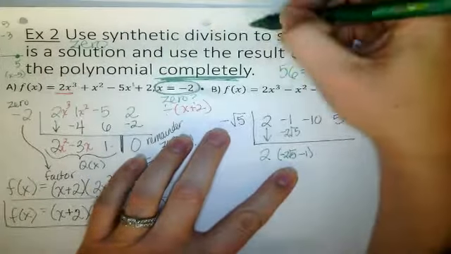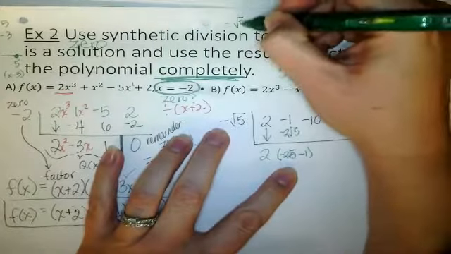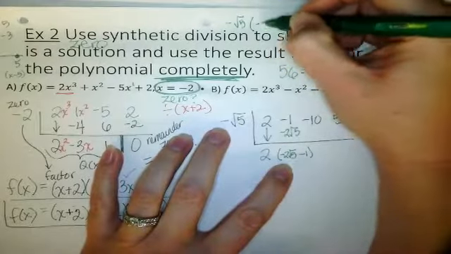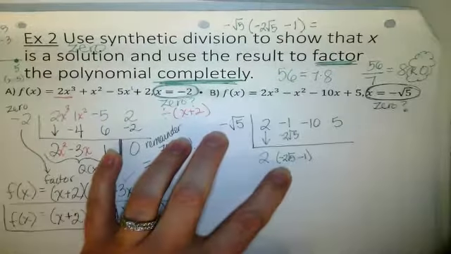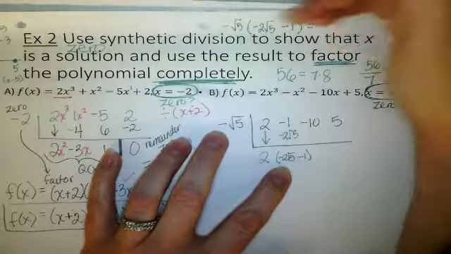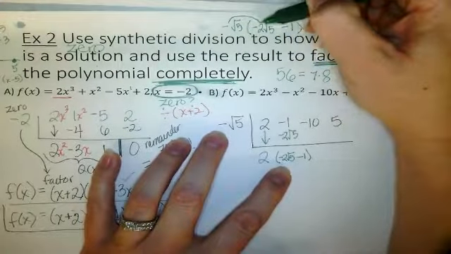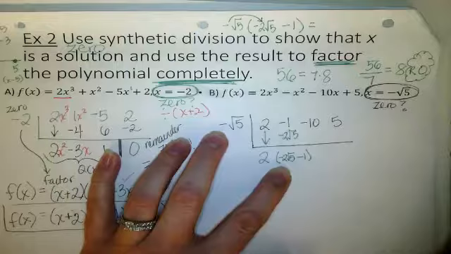Watch what happens here. This is interesting. Negative radical 5 times -2 radical 5 minus 1. We want to multiply. What is negative radical 5 times -2 radical 5? 10. 10 is correct. Why 10?